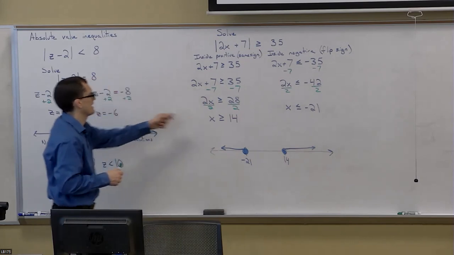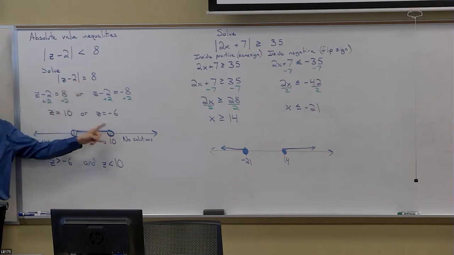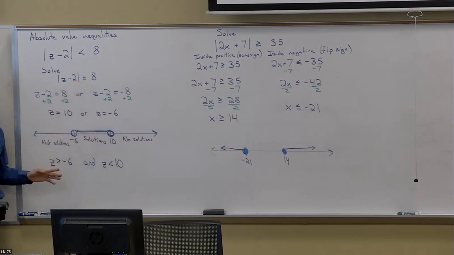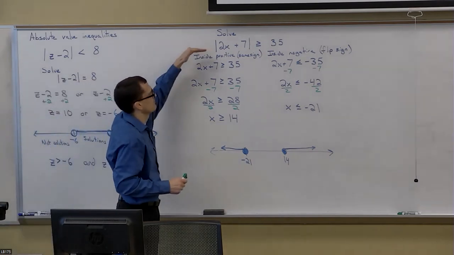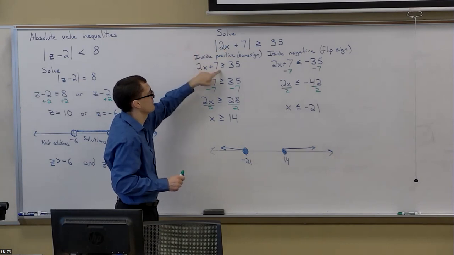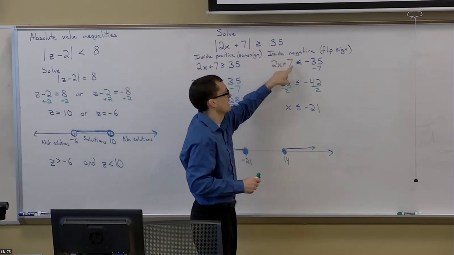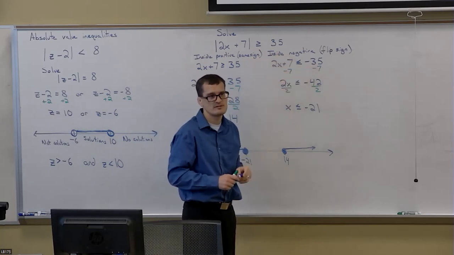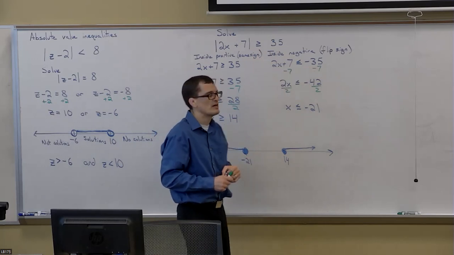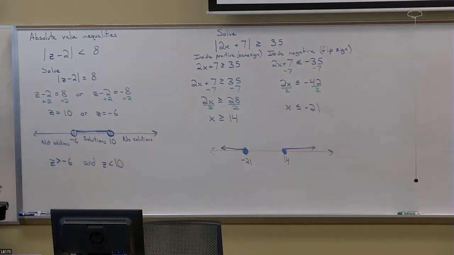So use whichever technique you like. If you like pretending the equal sign and then just checking where the solutions are, use that one. If you like the one where I say, well, if the inside is positive, you keep the sign the same, and when the inside is negative, you flip the sign and use the negative number, whichever one of those you like, just keep using.